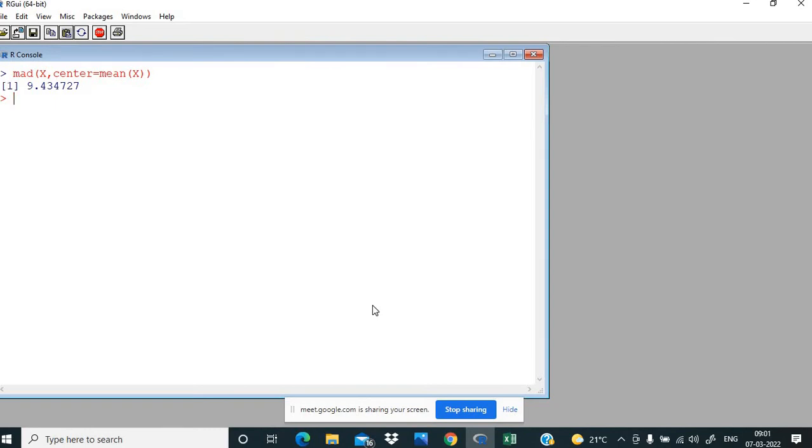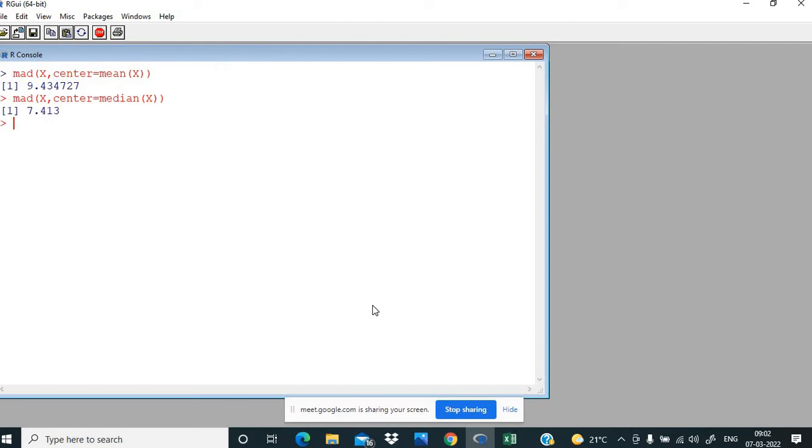Now if you want the mean deviation from median, you may come back here. Here you may write median. Directly you can get this. Or someone says, I want mean deviation around geometric mean. I have not seen anywhere mean deviation from geometric mean, but someone wants to compute.